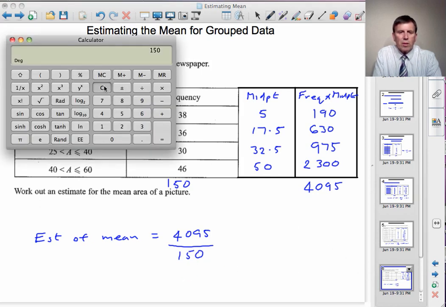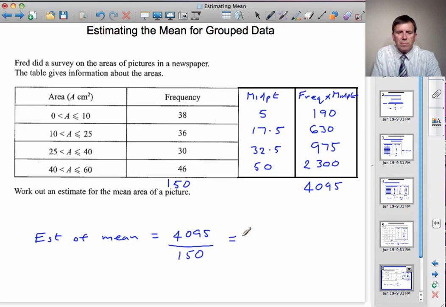So we want 4095 divided by 150. 27.3. And again, don't round it to 27, leave it as it is with one decimal place, and it's in centimeters squared, the units this time, so the estimate for the mean area of a picture is 27.3 centimeters squared.